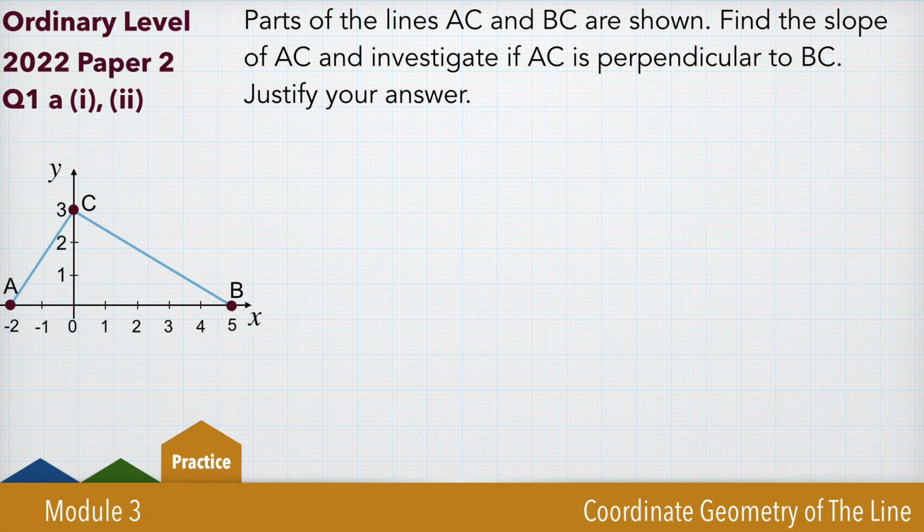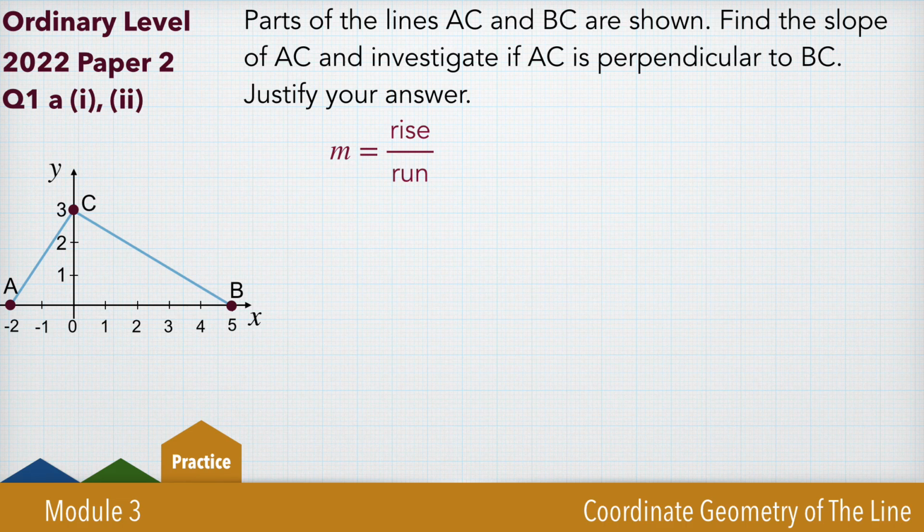Here we are given a diagram with parts of the lines AC and BC. We are asked to find the slope of AC and investigate if AC is perpendicular to BC. We are also asked to justify our answer. As we have the graphs of the lines, we will use the slope formula, rise over run.